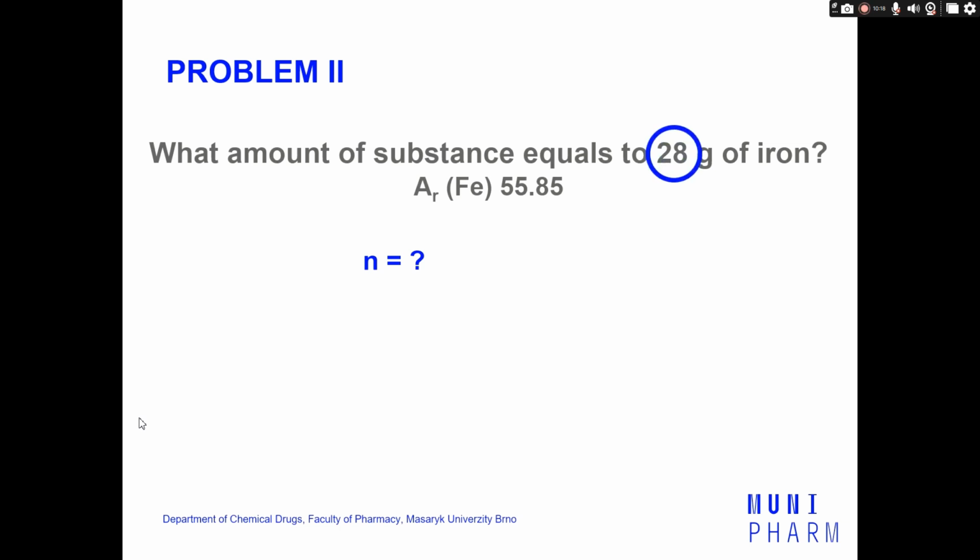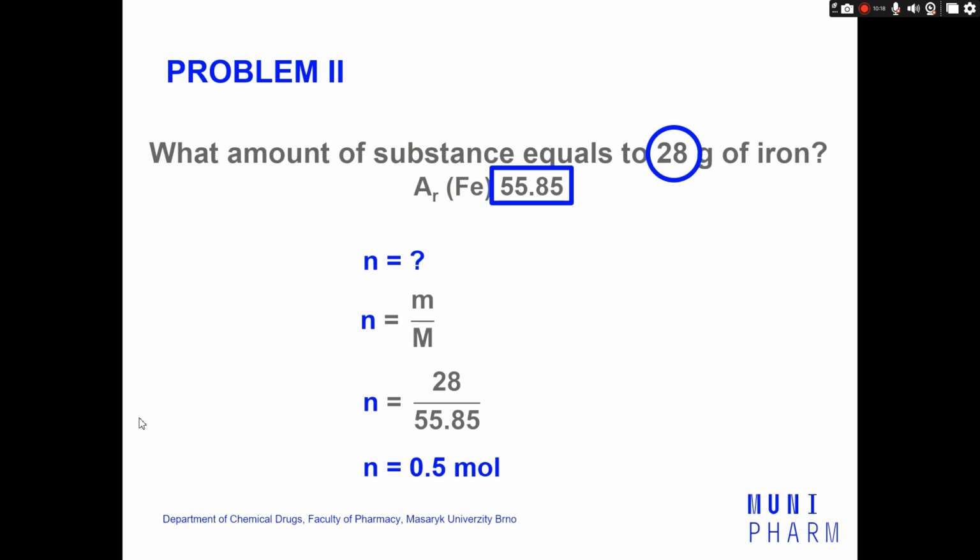It is the mass, and it is the relative atomic mass. Both quantities, we know, are enough for us to calculate the amount of substance with this formula. After substituting the numbers into the formula, we can calculate that the amount of 28 grams of iron is 0.5 mole.